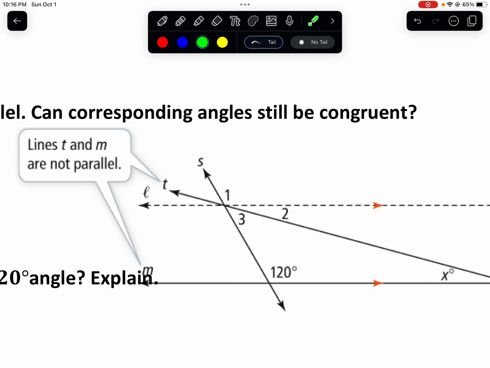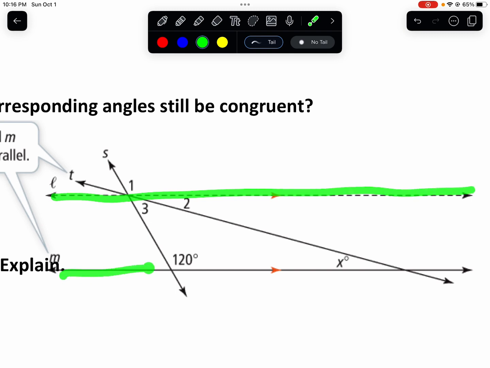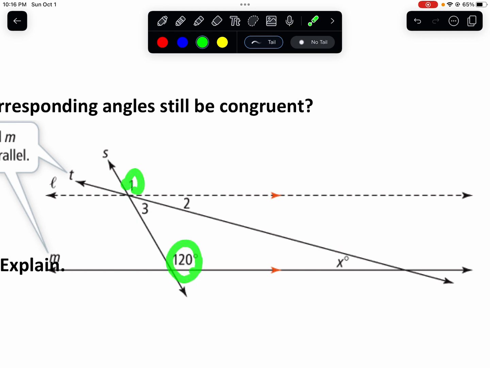Well, let's go ahead and go through it. The first thing to note is that even though those lines aren't parallel, that doesn't mean I can't draw a set of parallel lines. And that's what line L is compared to M. Those are parallel. So now I've got two parallel lines, which means I've got some corresponding angles. Angle 1 and the 120 degrees, those are corresponding, which means they are congruent. So this is also going to be 120 degrees.